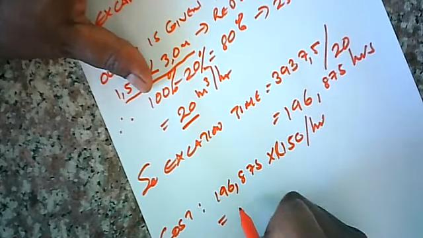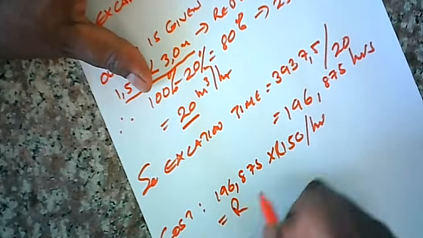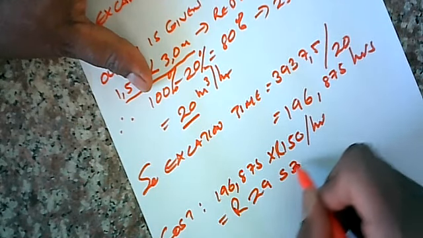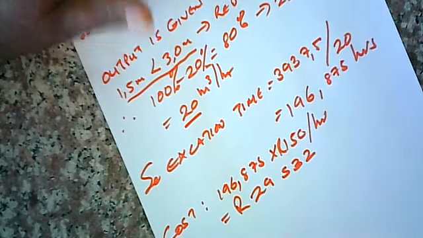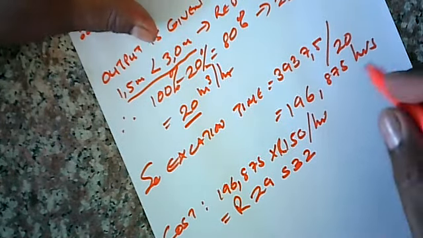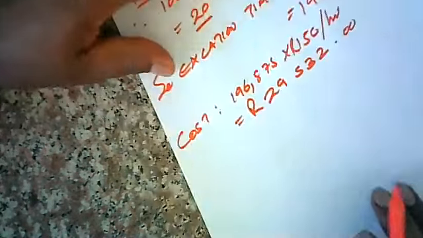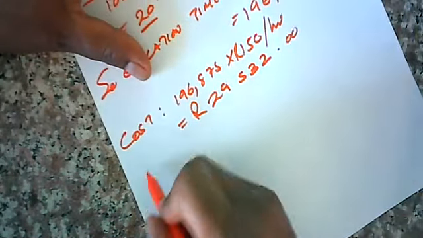And we're getting a total cost for this machine of 29,532 Rand and 0 cents. That's for the machine. Let's look at the next activity, drain laying.